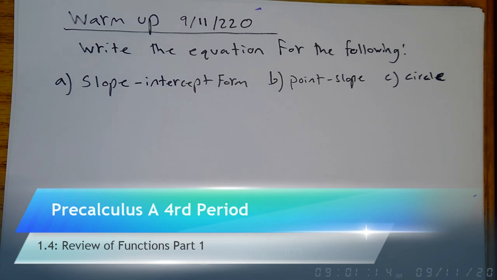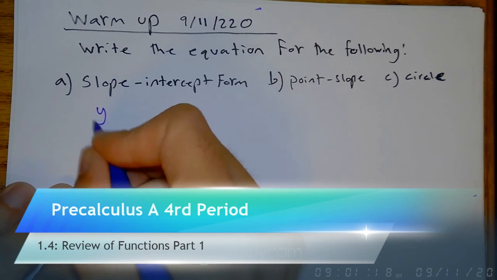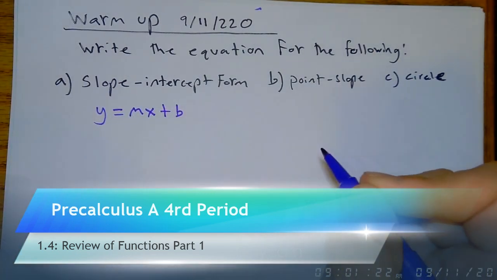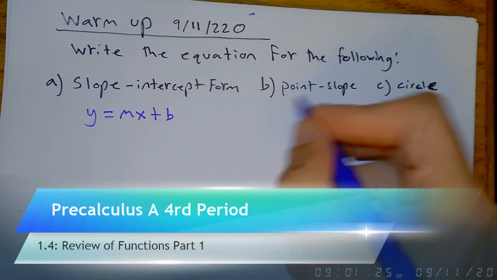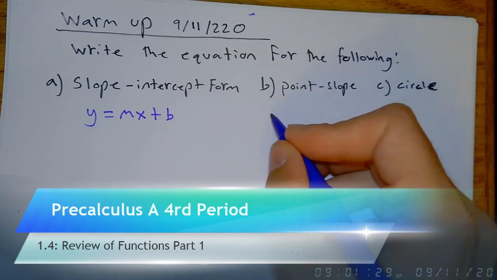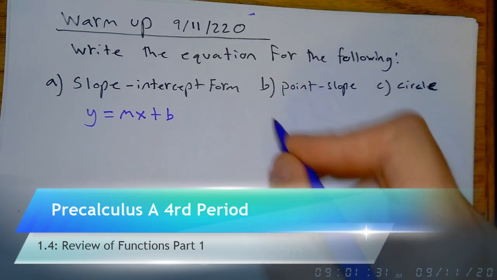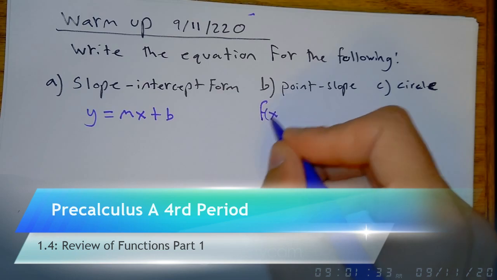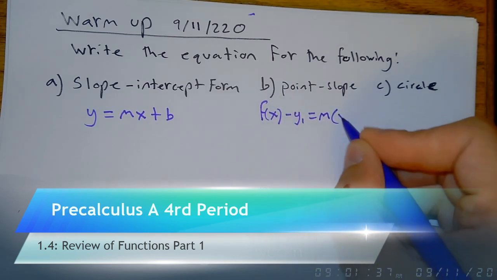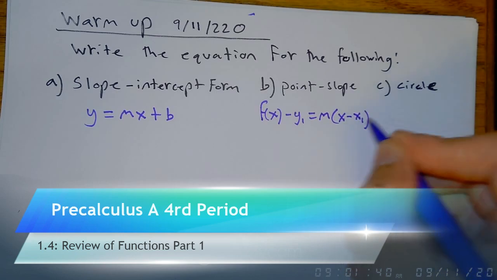So if we take a look here, slope-intercept form. That's the one that's not very useful. Point slope form, this is the one that is really useful. This is the one that we want to get used to using. I'm going to write it in function notation. So it's going to be f of x minus y1 equals m times x minus x1 in parentheses.